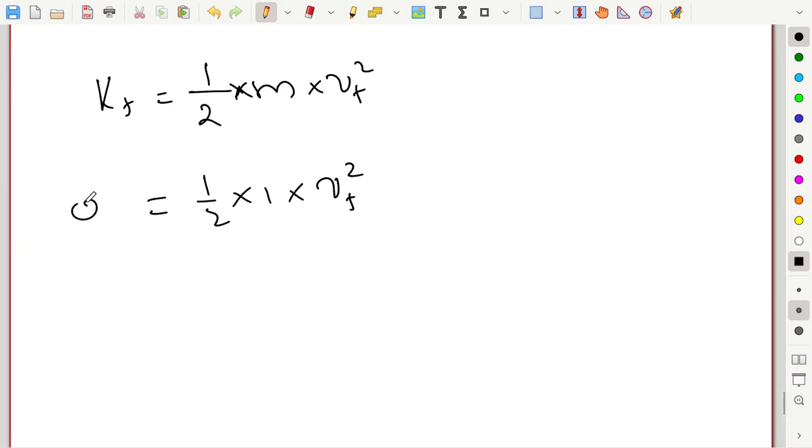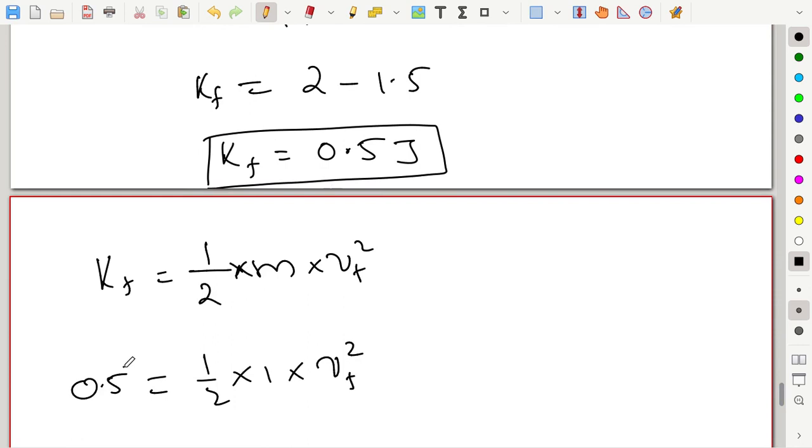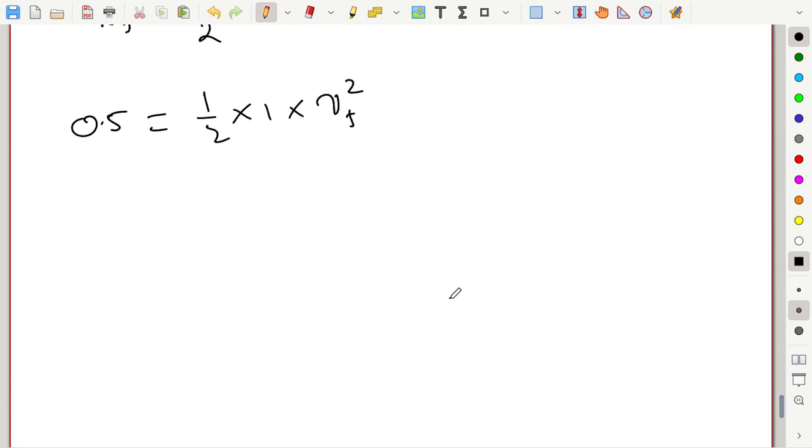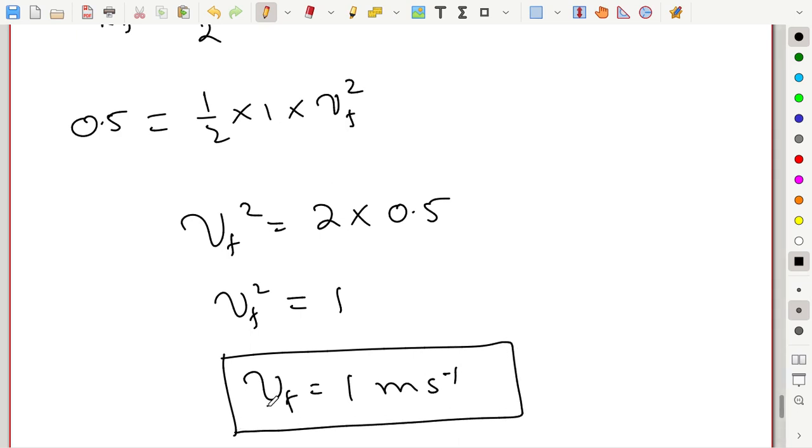This is our kf, which is 0.5. So from this vf square equals, taking the 2 to the other side, 2 into 0.5, which is 1. Vf square equals 1, or vf equals root of 1, which is 1 meter per second. So the exiting speed is 1 meter per second.